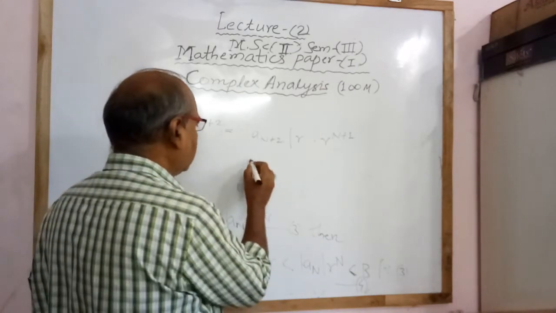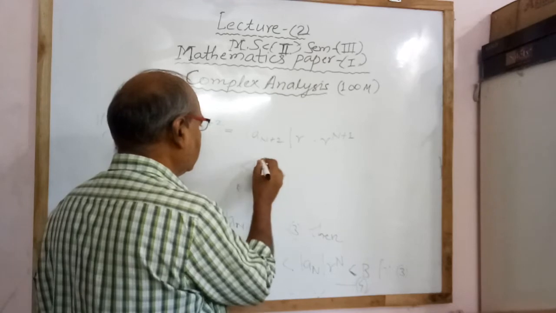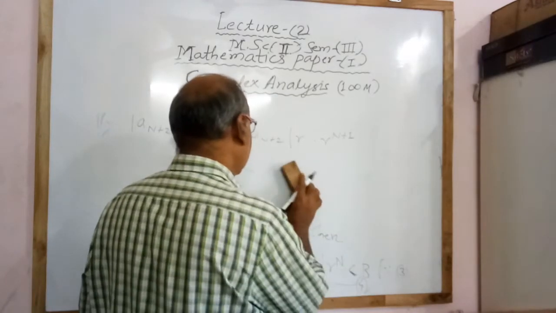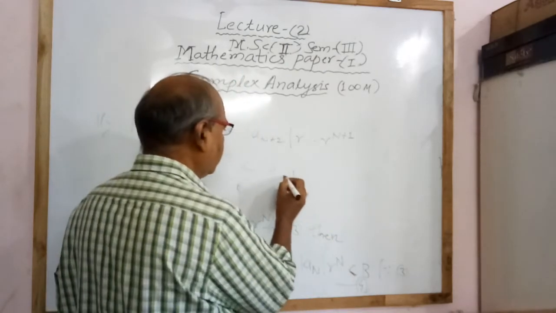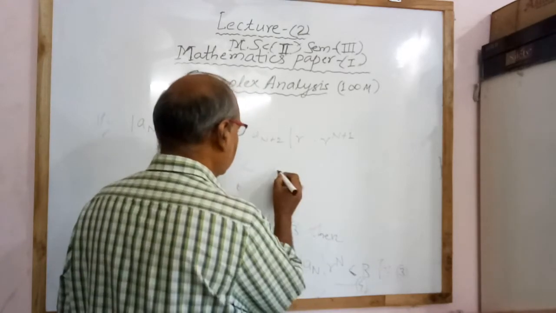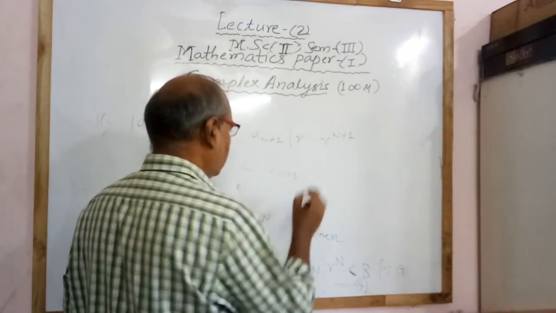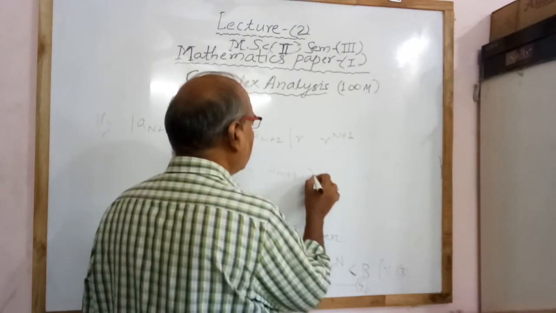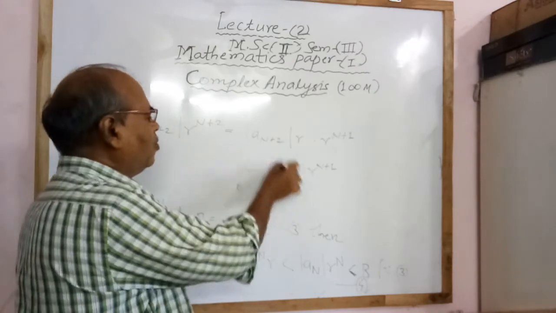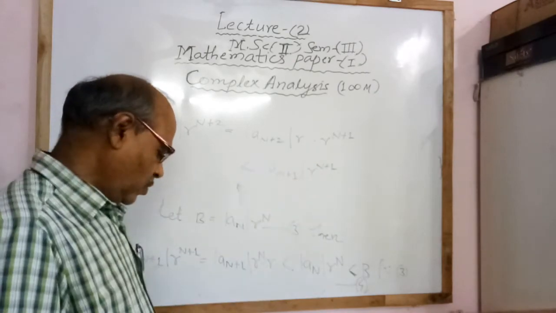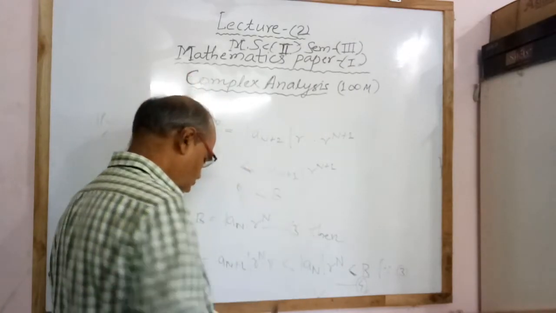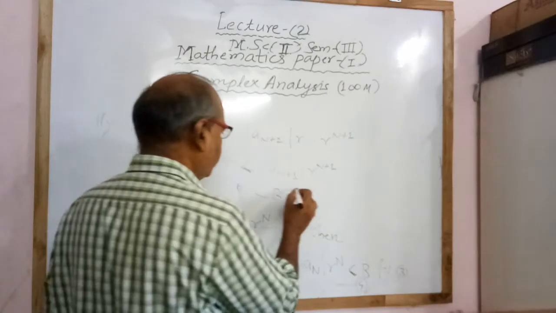Now this is less than mod of aN plus 1 into r to the power N plus 1. This expression is less than mod of aN plus 1 r to the power N plus 1, which is less than b, as seen by equation 4.